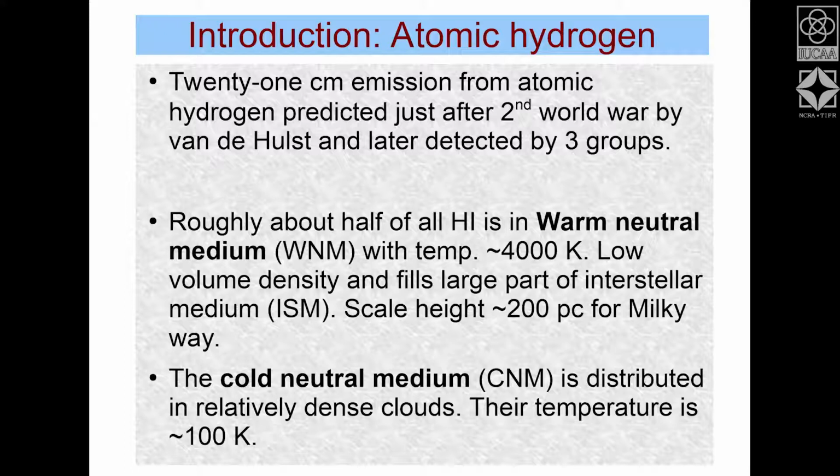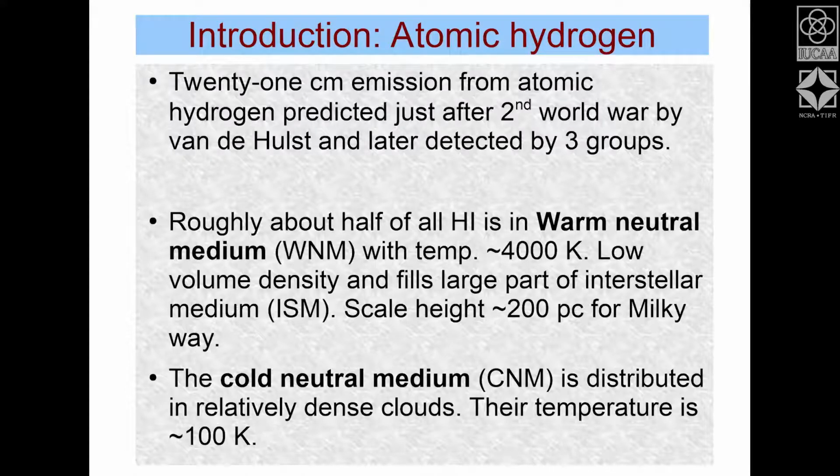But let me first introduce it in the following way: 21 centimeter emission from atomic hydrogen was predicted after the Second World War by someone called van der Hulst, and it was later detected by three groups, which I will describe in the next slide.